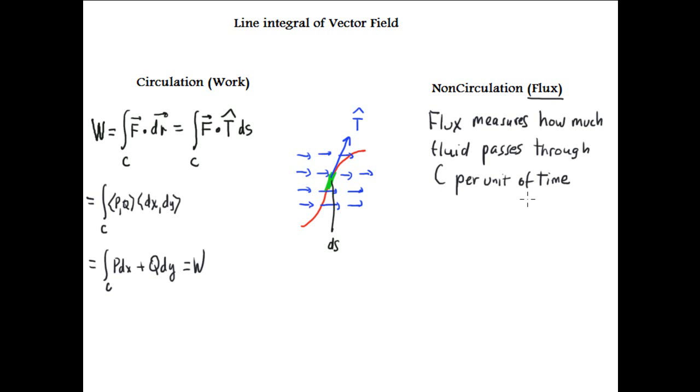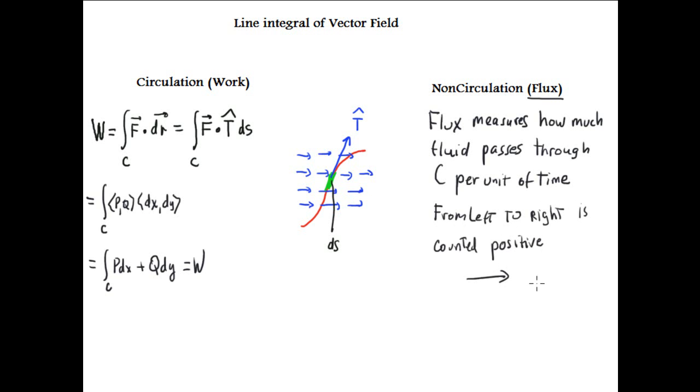To compute this, the orientation is, if you consider it from left to right, so in this direction, you can see the vector field here in the sketch is counted positive.